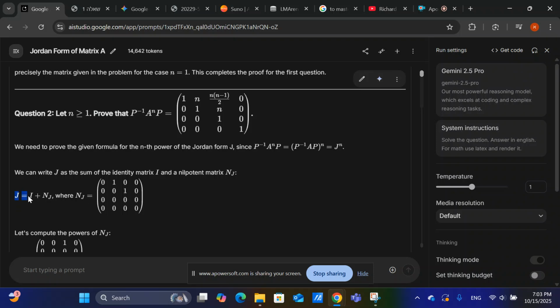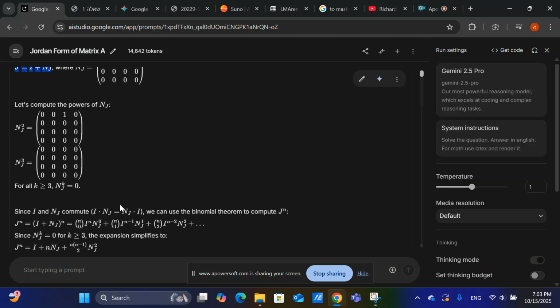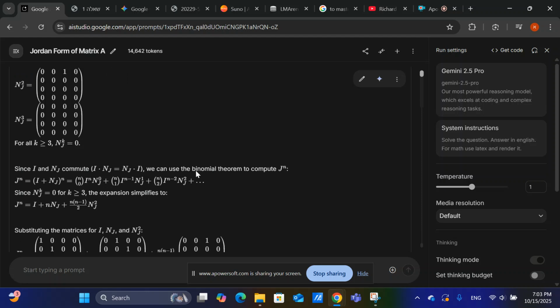So I can present the Jordan matrix as this sum of I and the nilpotent matrix N_J, where N_J is this one and I is the identity matrix. And I can of course calculate the powers, and note that for power of 3 or greater, it will be just the zero matrix.